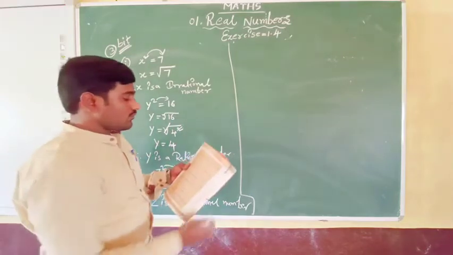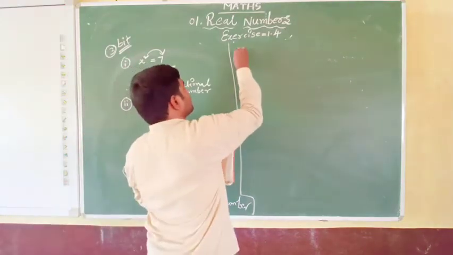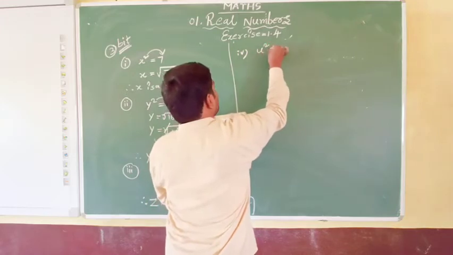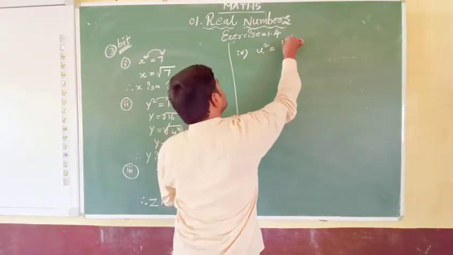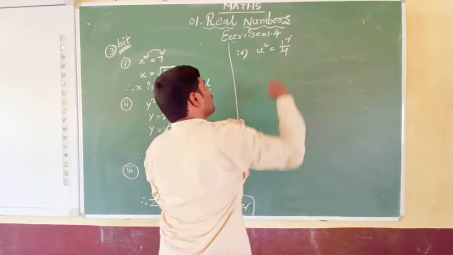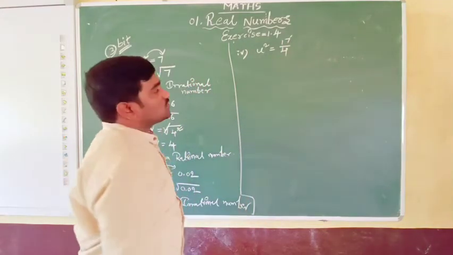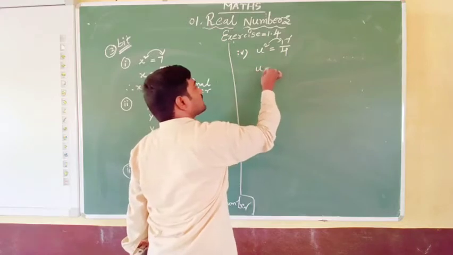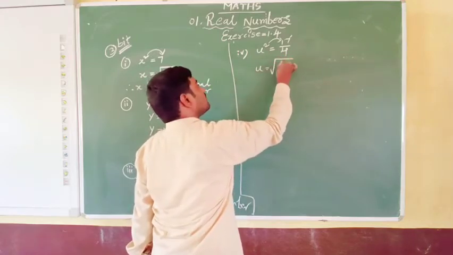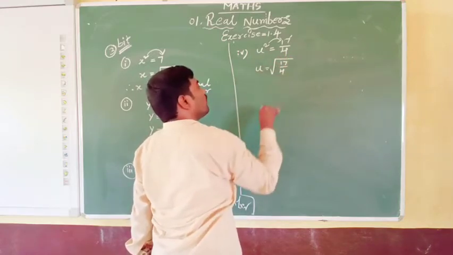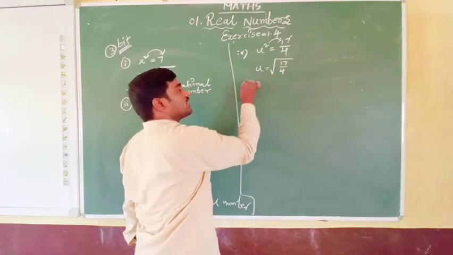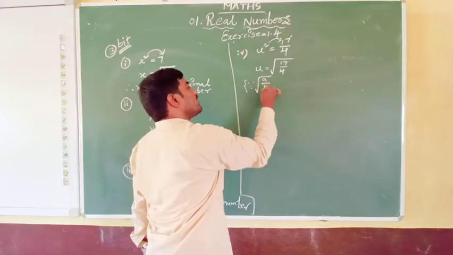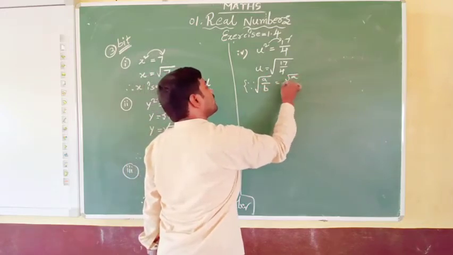Then we go for the fourth one here. What is the fourth one? u square equal to 17 by 4. Here also it is simple. This square you transfer to this side. Again we get the square root of 17 by 4. As we know, we have one formula: under root of a by b gives us root a by root b.